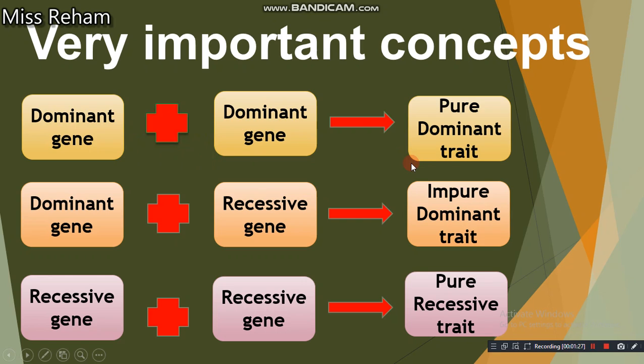Okay? In the second case, who can tell me what's meant by impure dominant trait?